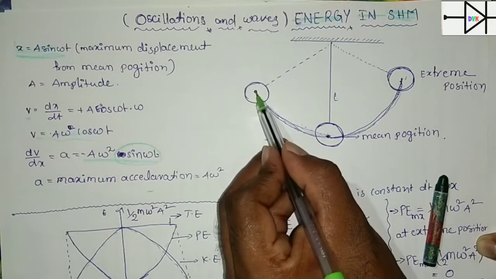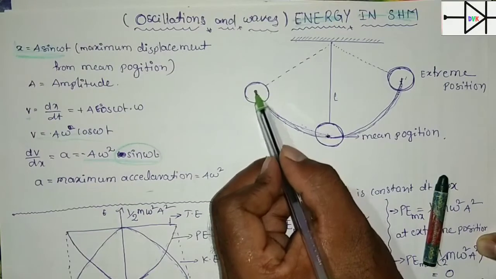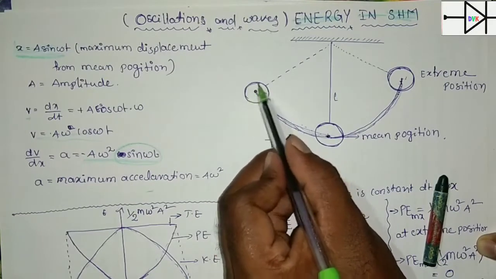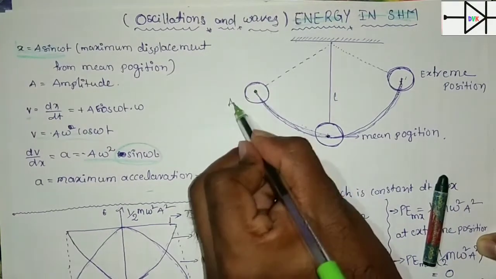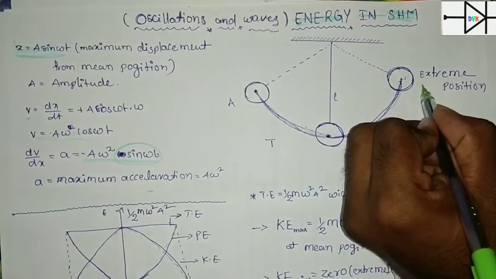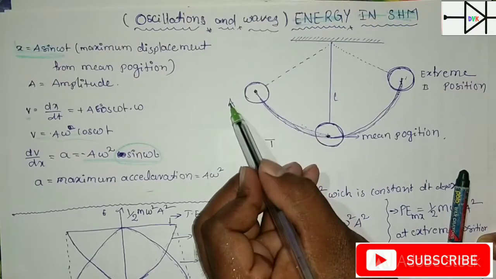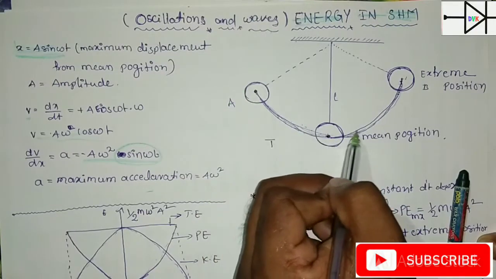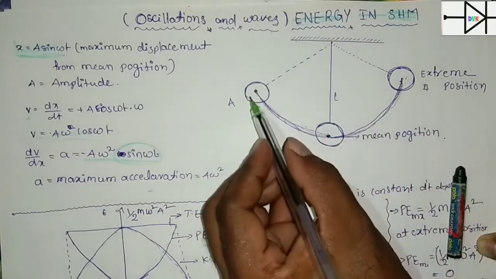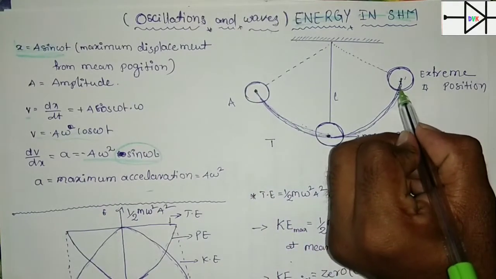Now this pendulum, this bob starts from A, moving to B. The time period is equal to T by 2.